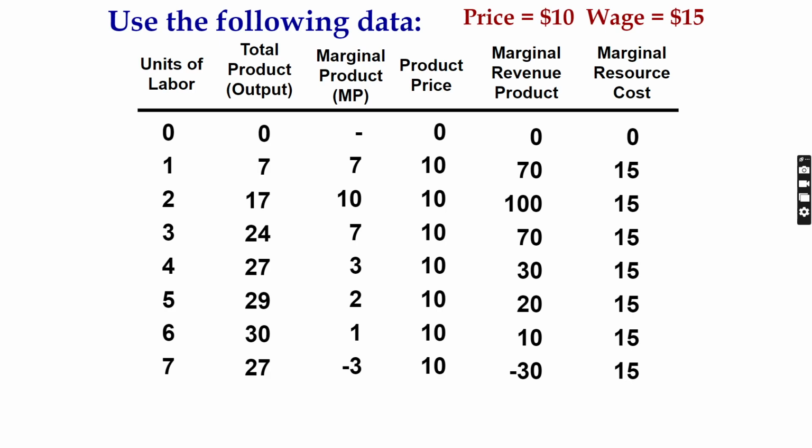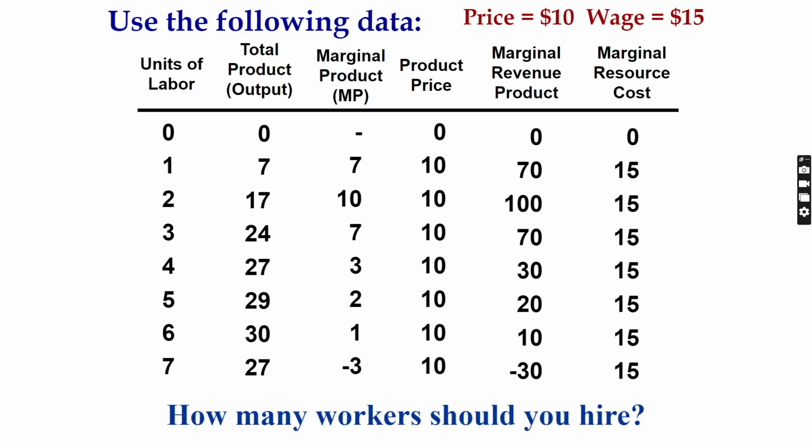In this example, if we look at the table, we can see that eventually we get to a point where marginal revenue product decreases, but is not less than marginal resource cost. And so this firm would hire a quantity of 5 workers. And so that is because in this example, we're not going to get to a point where MRP equals MRC.